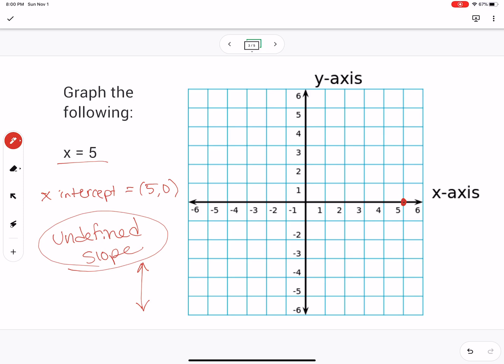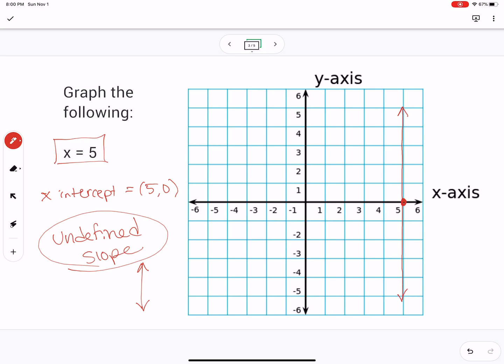I know normally we put a dot on our y here, but because our format is so strange, we're actually starting with our x. And then we know our slope is undefined because we don't have anything that really resembles a slope here. So here we're just going to draw a straight up and down line. And you want to remember your arrows. And that is our third type of strange graphing situation.